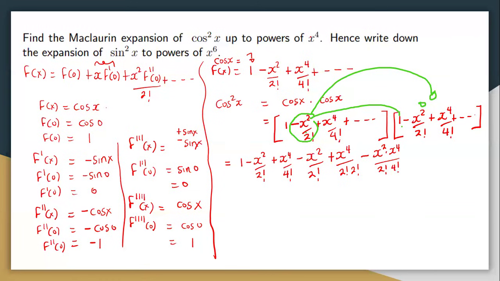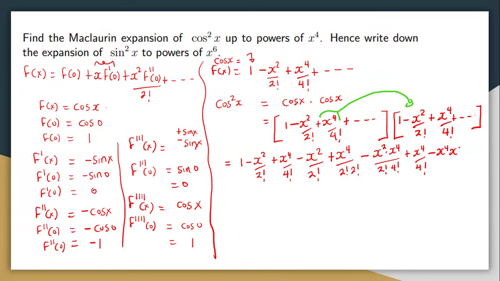Now, after that, I go to the next one. I'm multiplying. I'll have this multiplied by the whole of this. So the whole of that means that I'm going to have plus x power 4 out of the 4 factorial. I continue this times the next one. I'll have minus x power 4 x squared out of the 4 factorial, the 2 factorial.